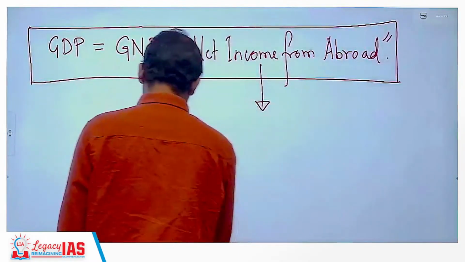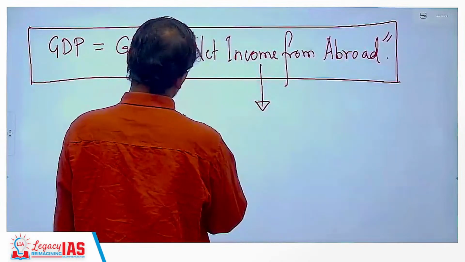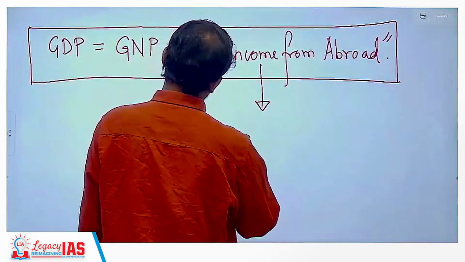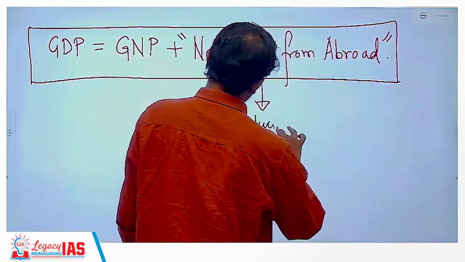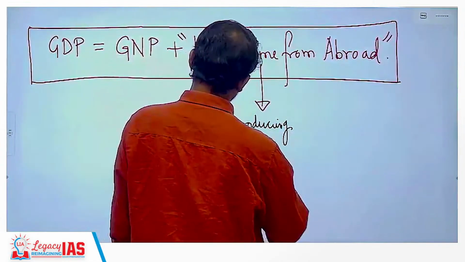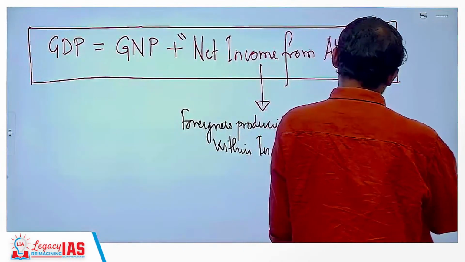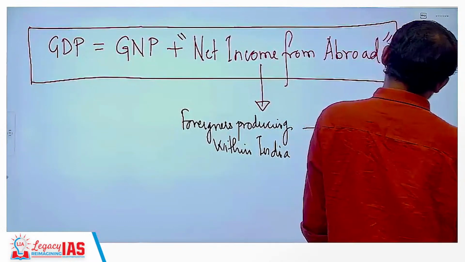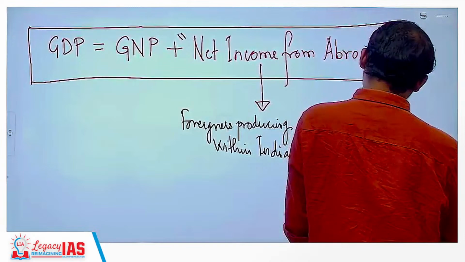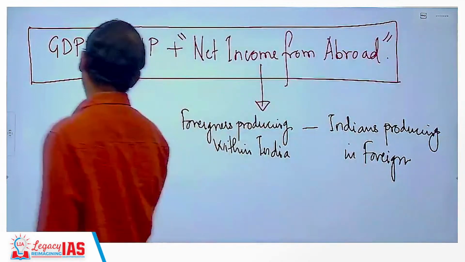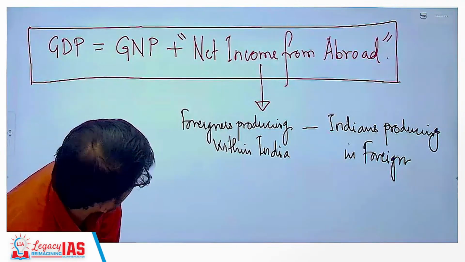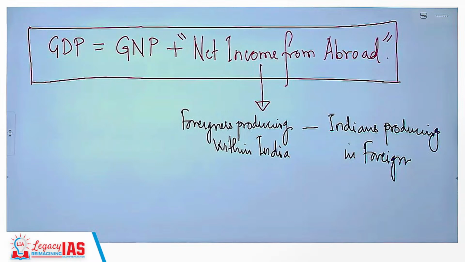Write down net income from abroad: foreigners producing within India minus Indians producing in foreign countries. Don't go into more detail. Okay?